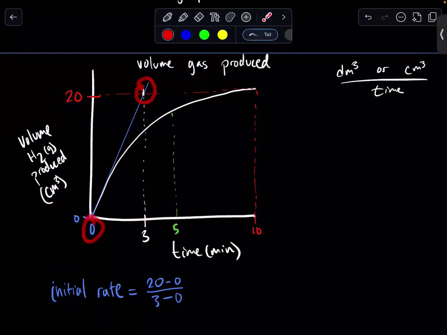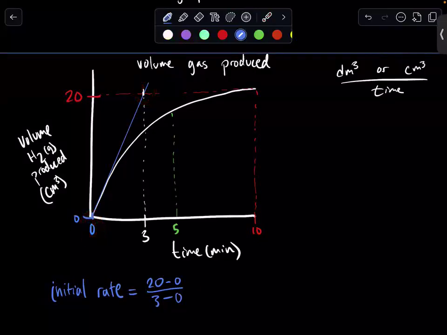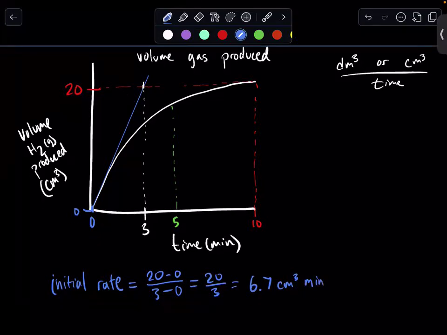We're taking this point subtracted from this point, and that is our slope calculation. You should be pretty apt at calculating slope. That's going to be 20 over 3. When you plug that into your calculator, you will get 6.66 repeating, so we'll say 6.7 centimeters cubed per minute. You know what? We'll use DP language, minute inverse.